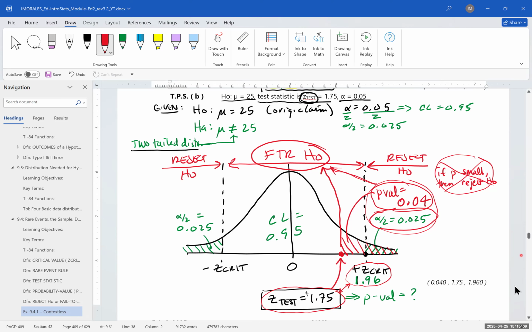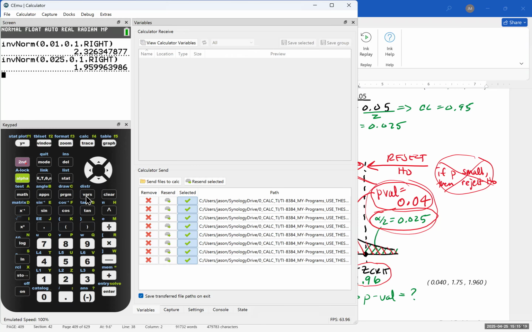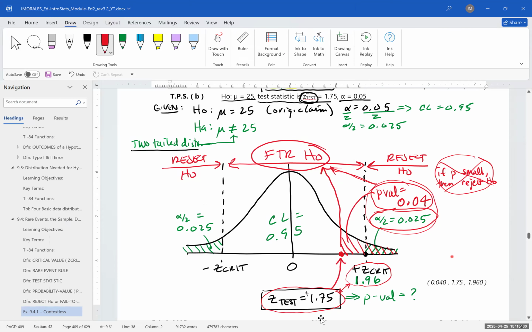And I may not have shown how to get that p-value with the Texas Instruments last time. So let me make sure I do it this time. We're going to use normal CDF now, because we're going to use a value to calculate an area. So the lower bound is 1.75.